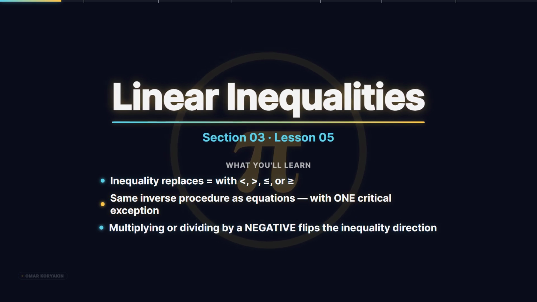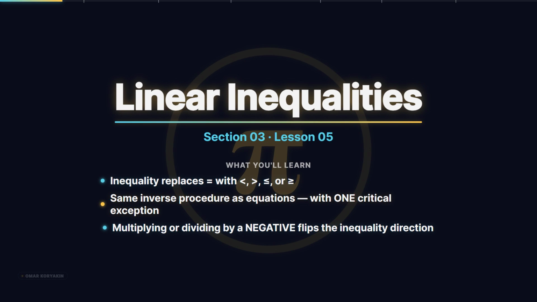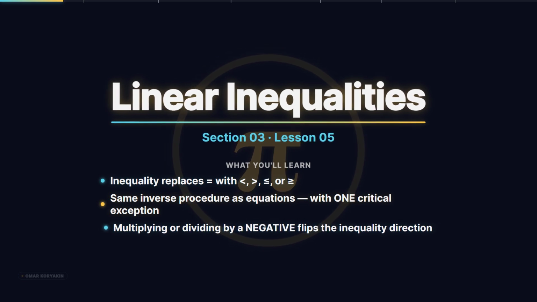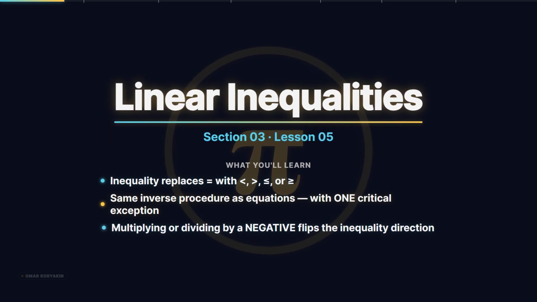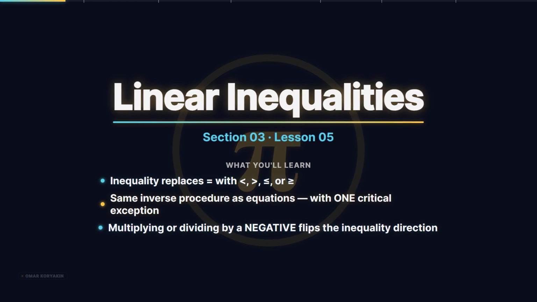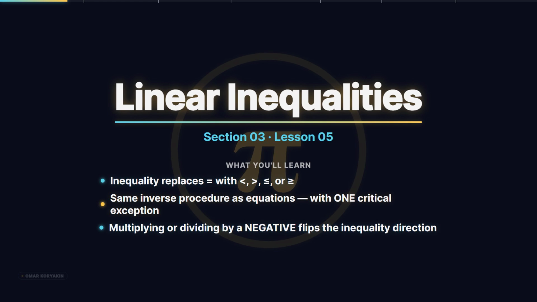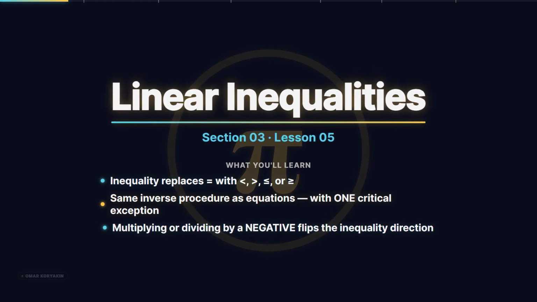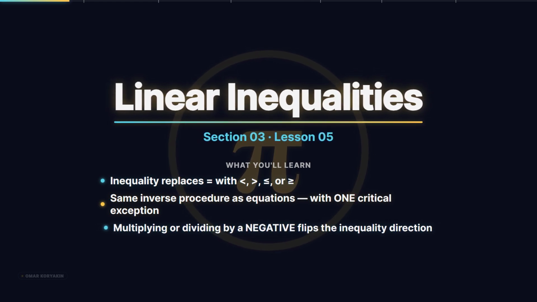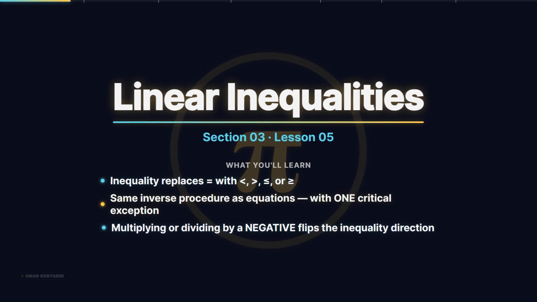The only structural change is the new flip sign rule that triggers in one specific situation, which is the topic of the next idea. Third idea, the flip sign rule says whenever you multiply or divide both sides of an inequality by a negative number, you must flip the direction of the inequality symbol. Less than becomes greater than, and less than or equal to becomes greater than or equal to.